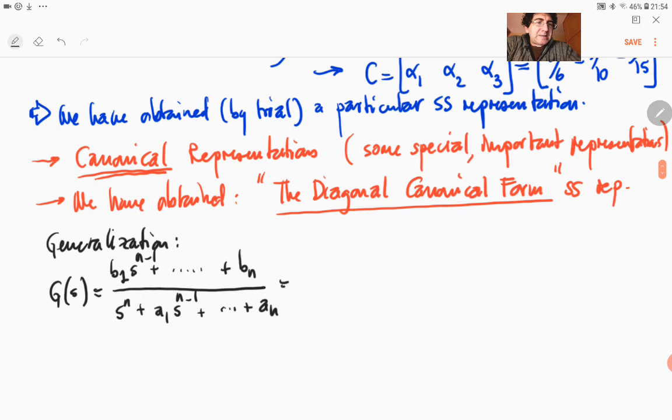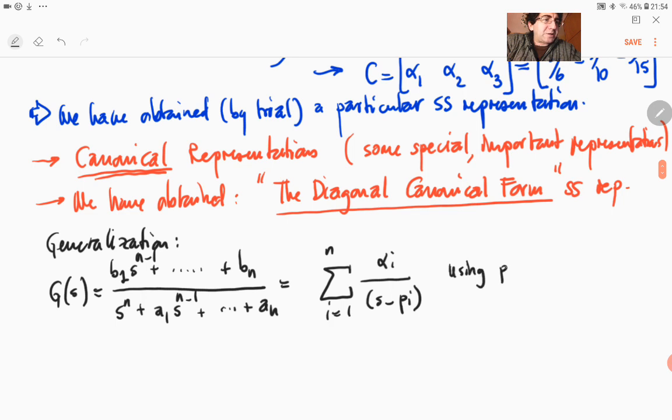And let's say that we can successfully decompose this into its partial fractions, where pi are the poles of this transfer function using partial fraction expansion.